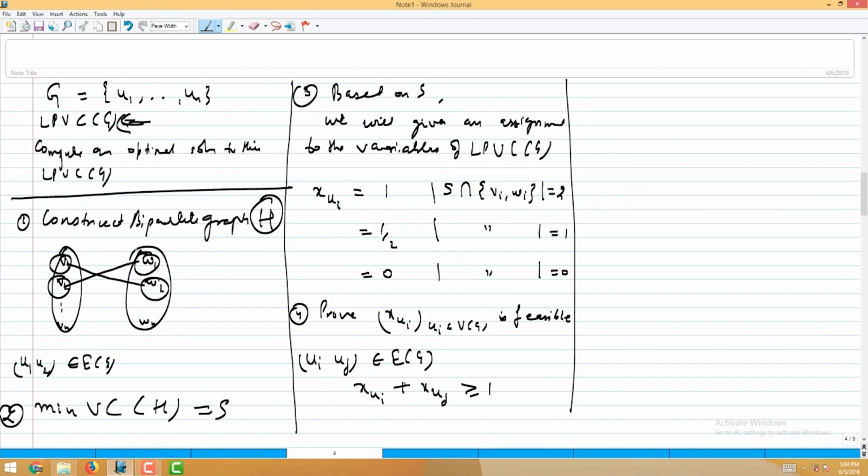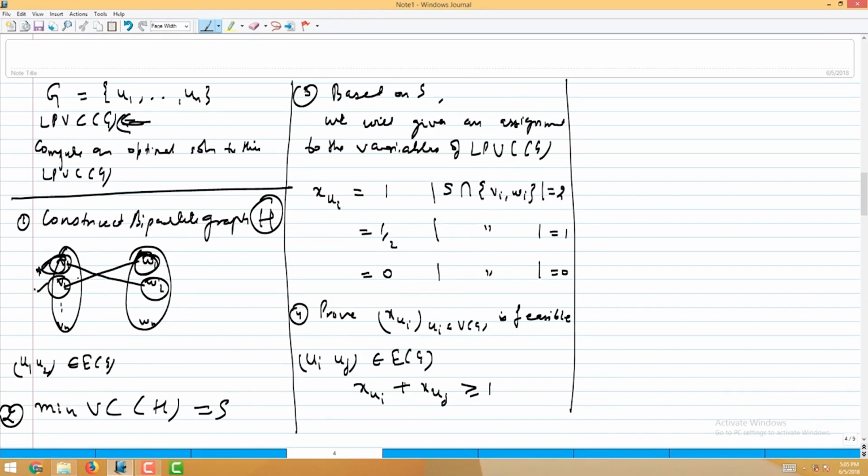So look at any edge in the graph. For that edge, we created two edges in H, right? If uiuj was an edge, then I would have had an edge vi, wj and vj, wi. I would have these two edges corresponding to this. Now S is a vertex cover for this graph. Out of these four vertices here, S will be picking at least two of them.